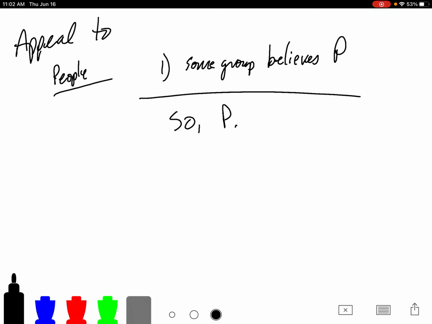Now, I find that sometimes there is a reasonable connection between this premise and the conclusion, but it's these sorts of instances. It's when the proposition in question actually is something about which there is general knowledge. So I don't know if you ever watched the old game show Who Wants to Be a Millionaire, but there was always a lifeline option. There were 3 lifeline options, and one of them was you could ask the audience.